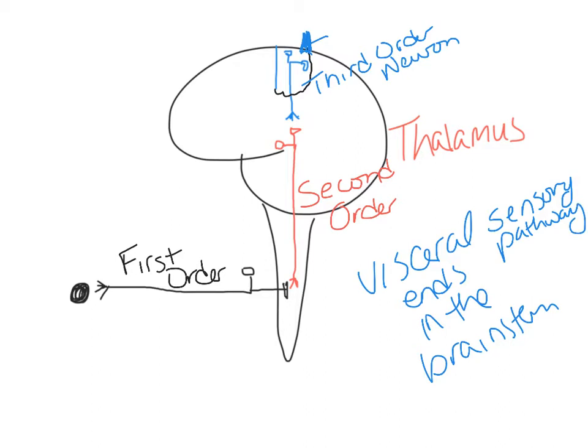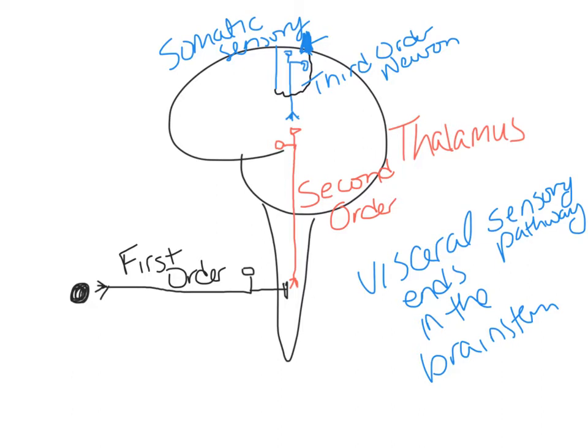And we said that our somatic sensory pathway ends in that primary somatosensory cortex. Okay, so what's the big deal about that? Why would I even mention that? If it ends in the brainstem, what does that mean? Does it reach our consciousness? No, it's not reaching our consciousness, right? Okay. All right. So we're there.